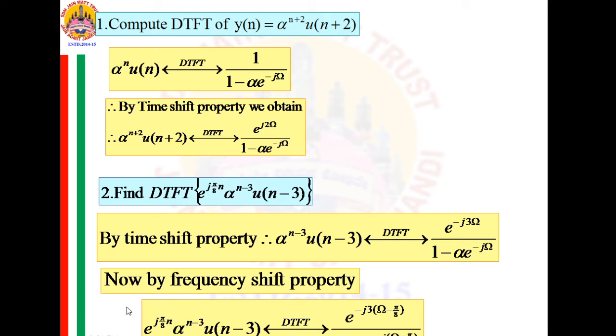So, the DTFT of this entire signal, that is e raised to j pi by 8 n into alpha raised to n minus 3 u of n minus 3, is e raised to minus j 3 times omega minus pi by 8 divided by 1 minus alpha e raised to minus j times omega minus pi by 8. So, every omega is replaced with omega minus pi by 8. Understand how to use this frequency shift property. Okay.